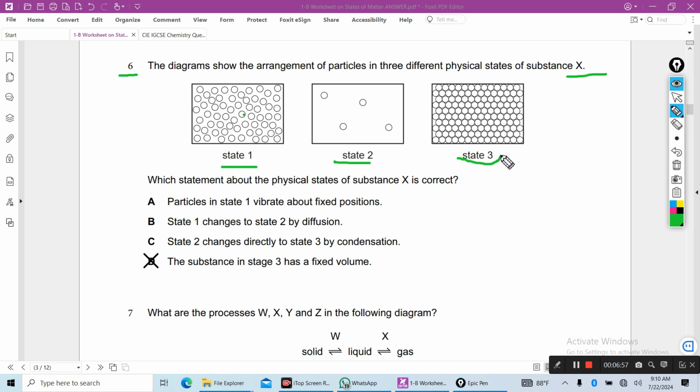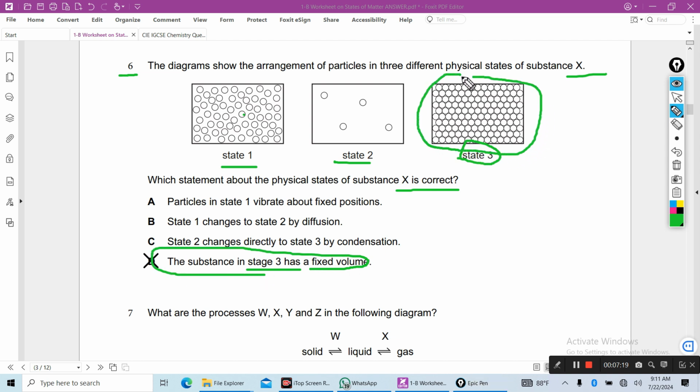Which statement about the physical state of substance X is correct? The substance in state 3 has a fixed volume. Yes, state 3 is a solid, so a solid has a fixed volume. The particles are closely packed. D is the right answer.